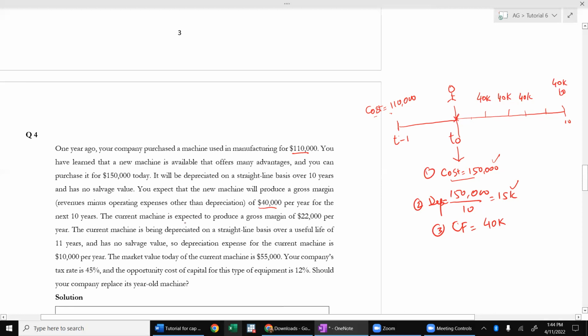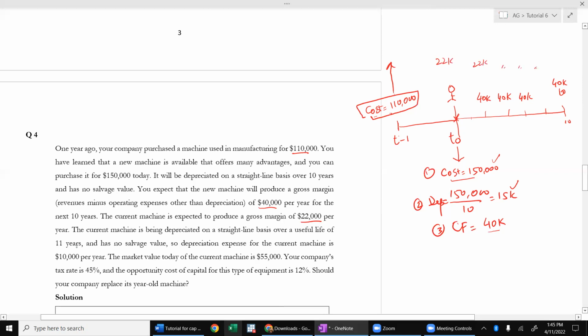Okay. The current machine, this machine that you had bought last year, is expected to produce a gross margin of 22,000 per year. So this machine you can see is producing 40,000. But if you continue this machine, so it means this machine will give us 22,000 every year for how many years?